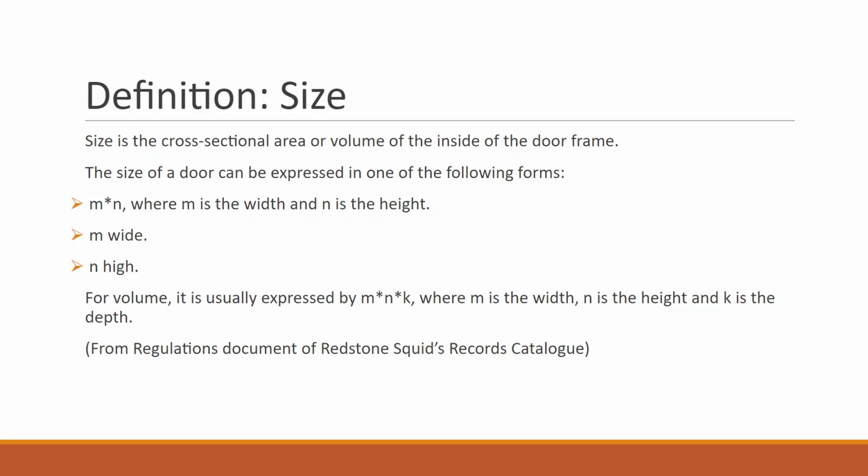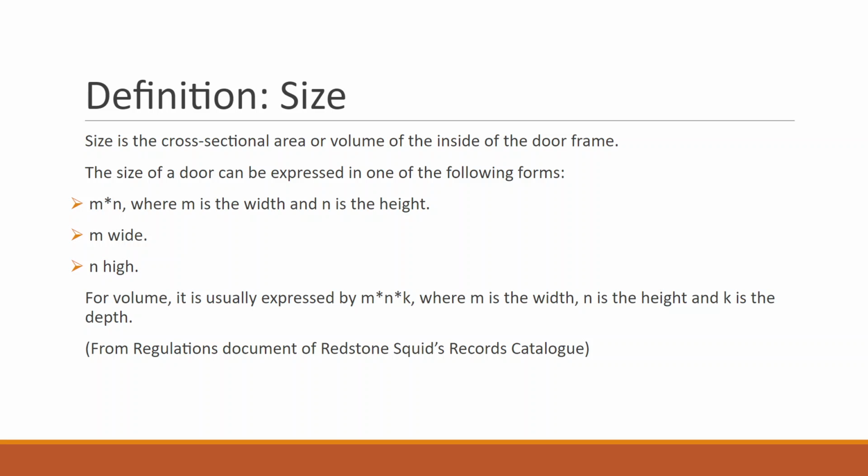Now we come across size. It is important for us to understand what size exactly means because we usually calculate, for example, the volume of a door. And we also need some expressions to show which kind of door in what magnitude we are building. So size is basically the cross-sectional area or volume of the door inside the door frame.